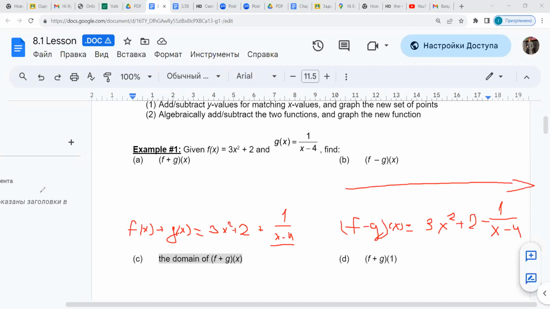Remember that. And in this particular case, you remember that the denominator could never be equal to 0 for us.